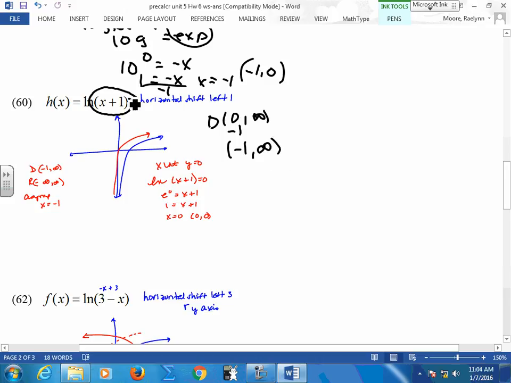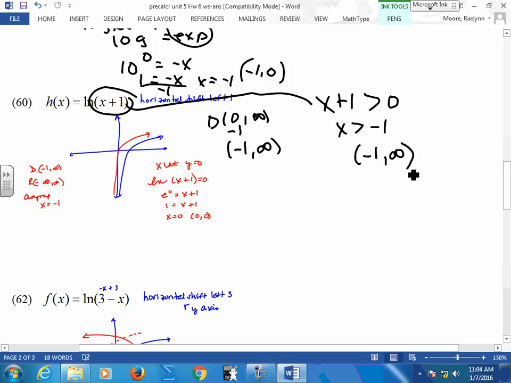I could take this and algebraically find my domain. Well, I know my domain for logs has to be greater than 0. So if I set this equal, I should be able to find my new domain. My range is not changing. My asymptote, when it was at x equals 0, got pushed back. So there's my new asymptote.